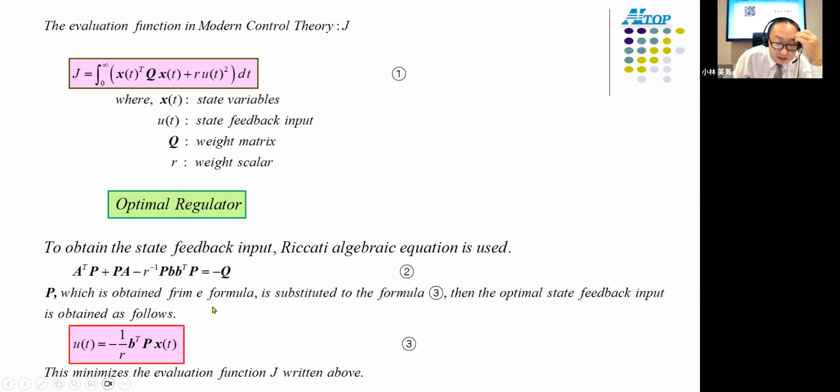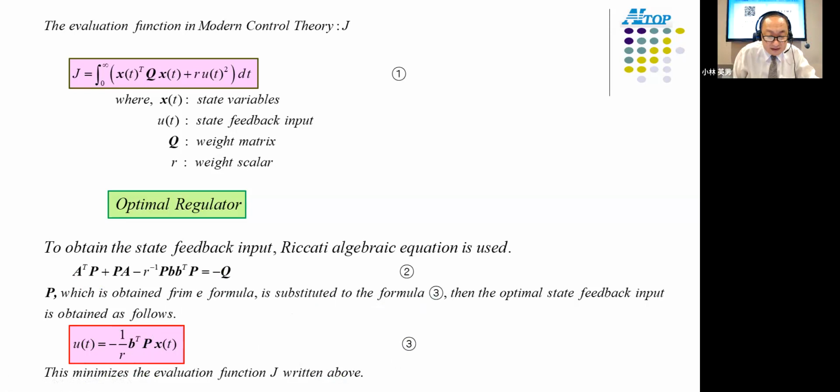P is obtained from this formula and substituted into formula 3. Then u(t) is obtained. This minimizes the evaluation function J written above.